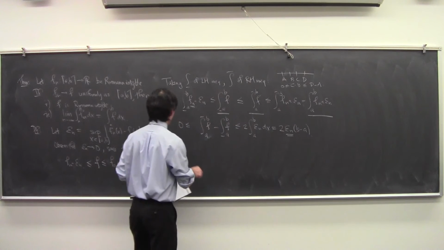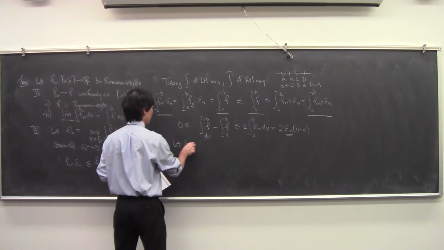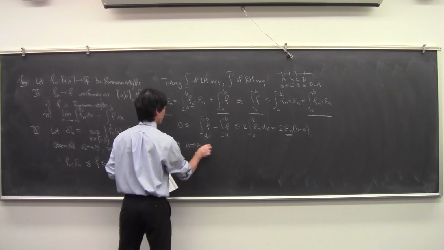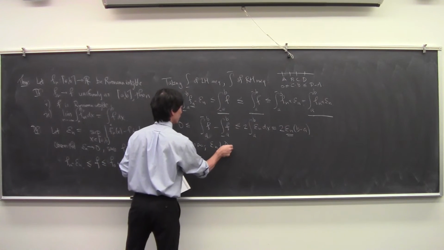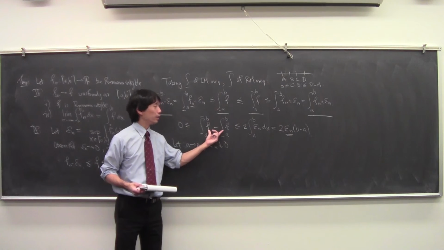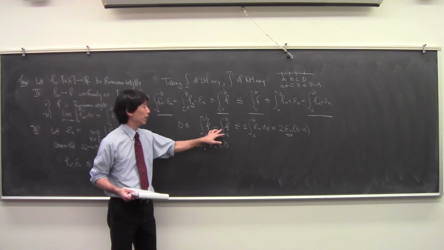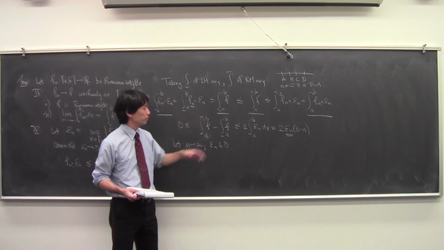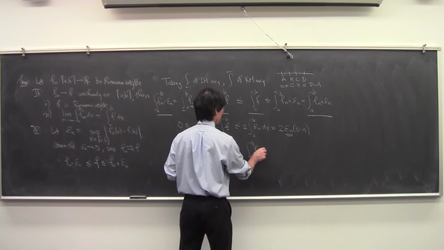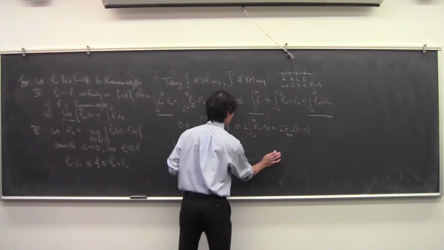Okay. Now let n go to infinity. Then epsilon n goes to 0. And so what you see is that these two things have to be equal. Well, that tells you that f is Riemann integrable.